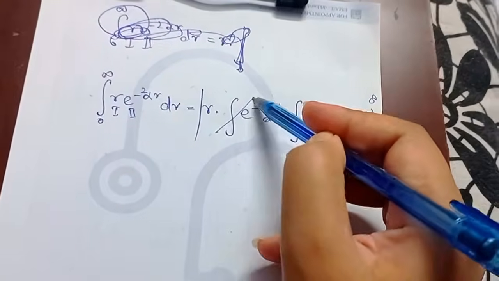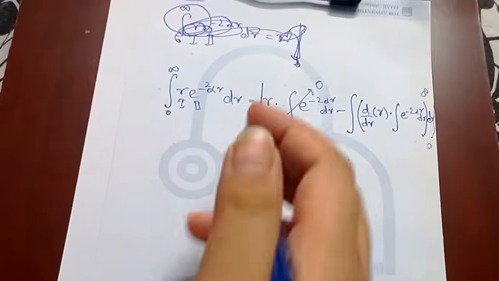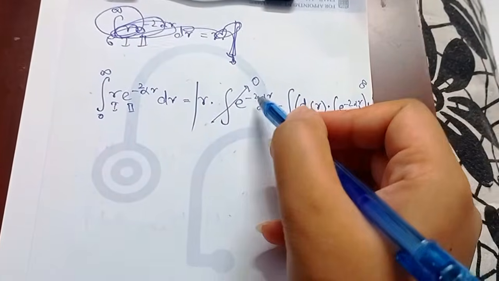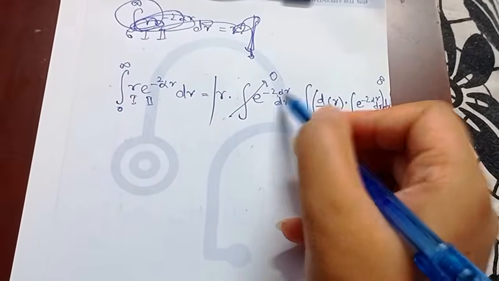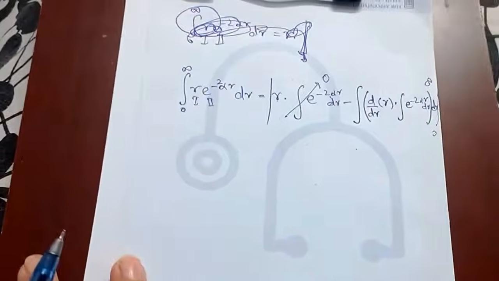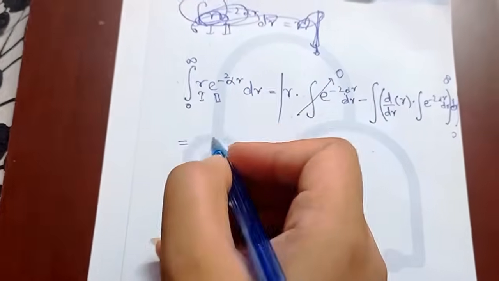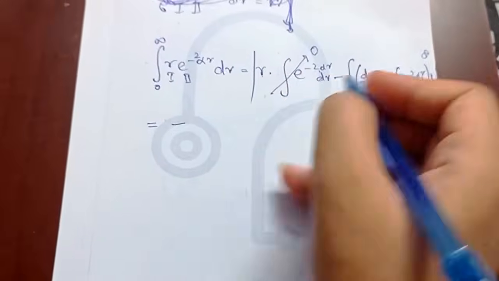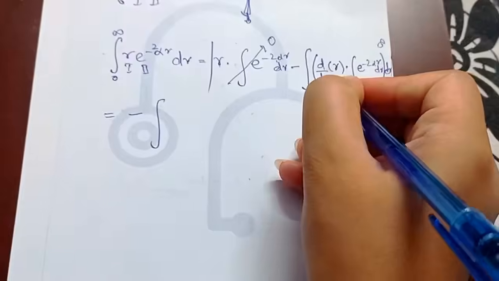This one goes to 0, as I told earlier, because of r. When we put the upper limit, this thing becomes 0, and when we put the lower limit, this thing becomes 0. As a whole, this term becomes 0. That is why I have eradicated it. So writing this negative sign here, the derivative of r is 1.